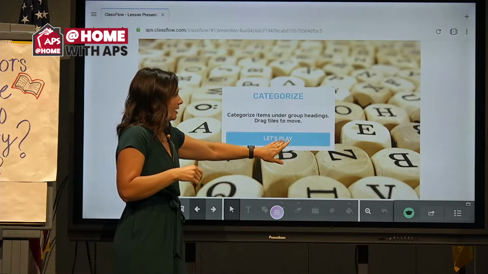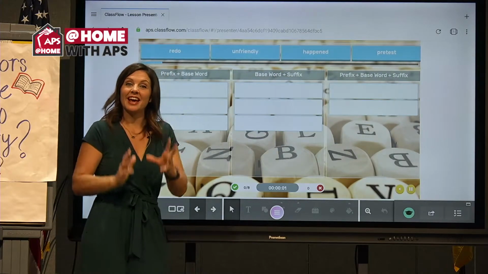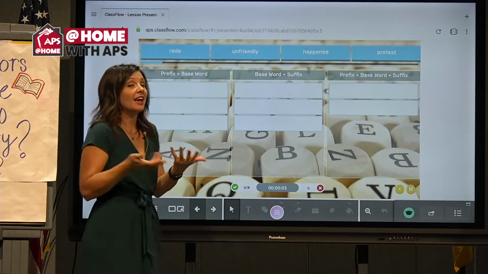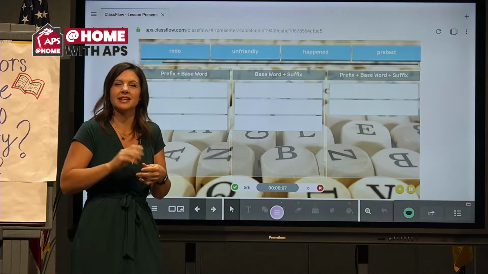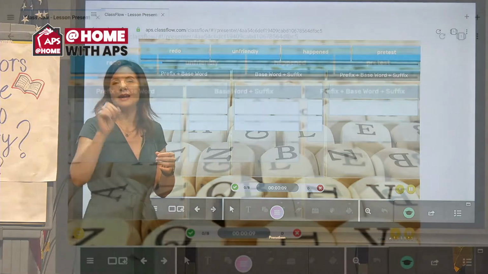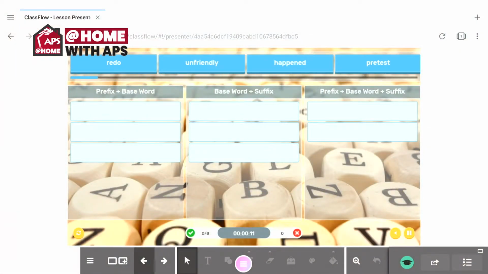So let's play a game where we categorize. Again, when you do this at home, these are your three categories that I would like you to write at the top of your word study paper. Prefix plus base word. Base word plus suffix. Prefix plus base word plus suffix.